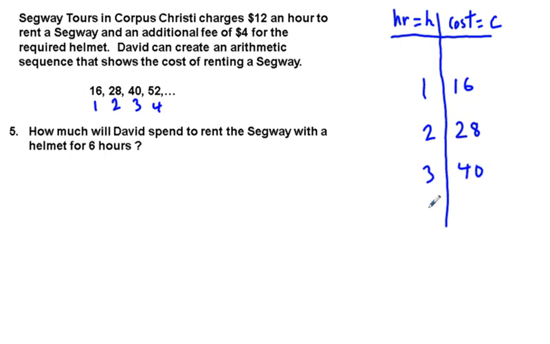And finally, 4 hours will cost us $52. So we notice we're going up by 1 on this left side. On the right, we're going to determine what these things are going up by, see if it is a common difference. So to find that, if we take 28 minus 16, we get 12.